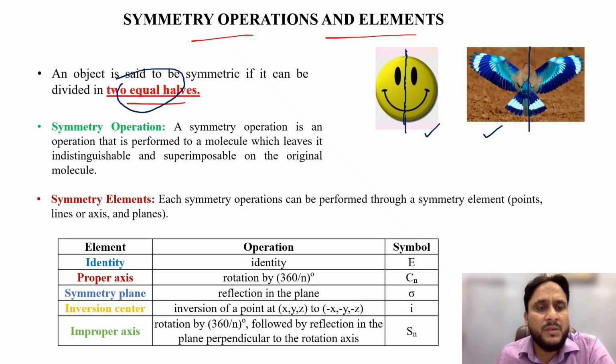Now, symmetry can be explained with the help of two terms, symmetry operations and symmetry elements. Now, what is a symmetry operation?